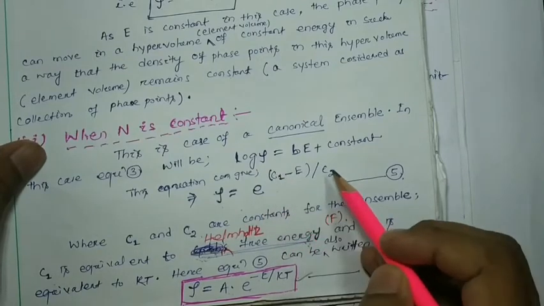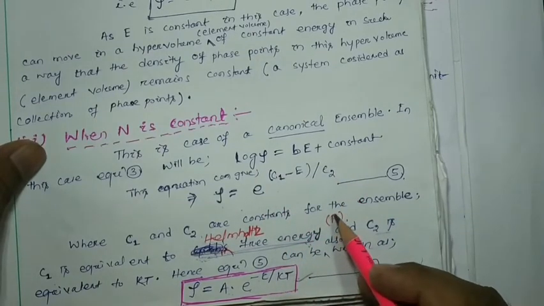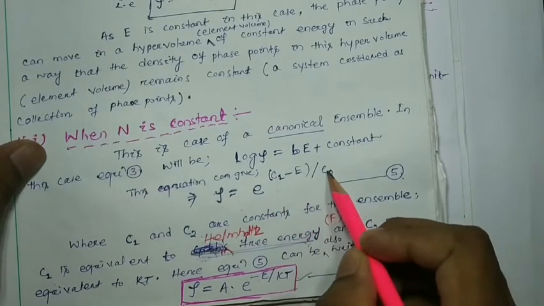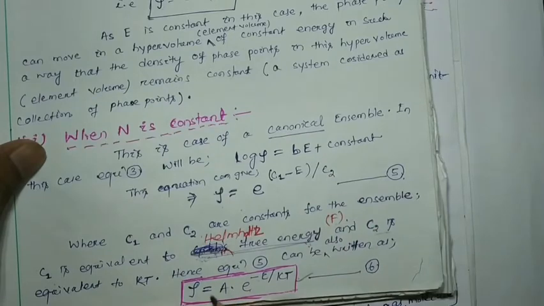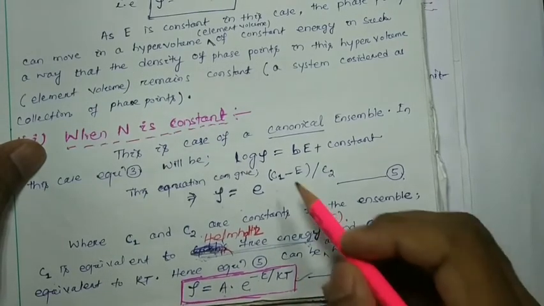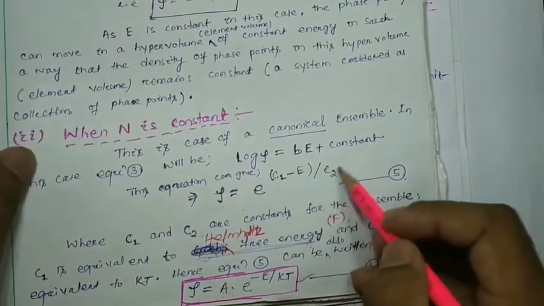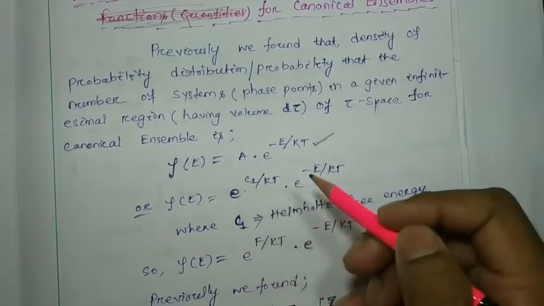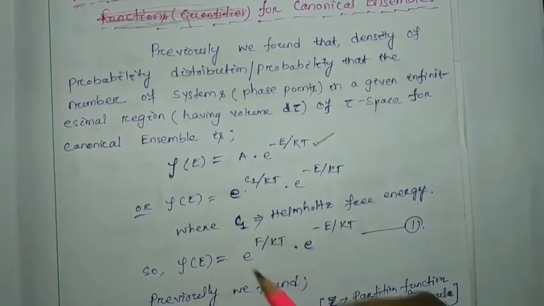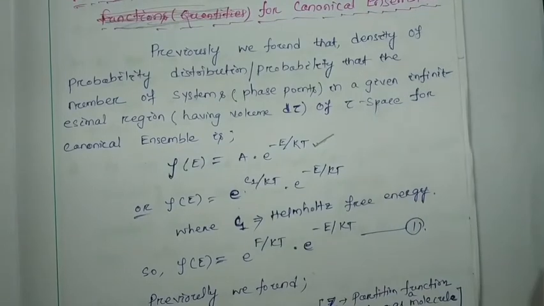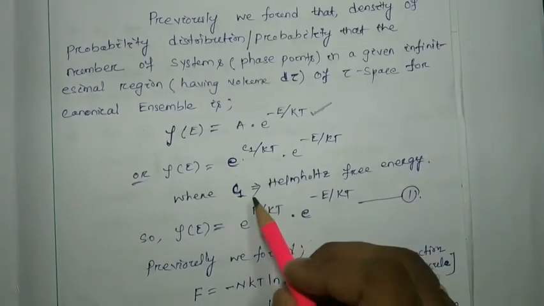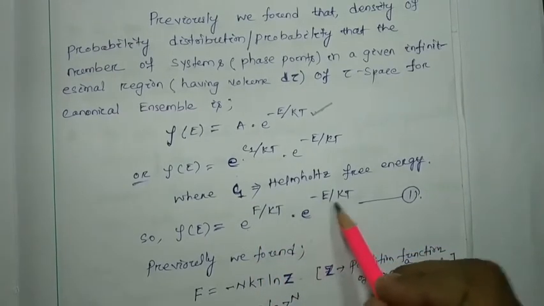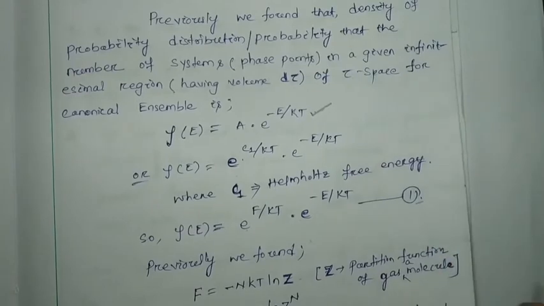Here e to the power c1 by c2 is what we substituted as a. So instead of a we can write e to the power c1 by c2, with c2 nothing but kt, right? So here a can be written as e to the power c1 by kt. I just wrote it in reverse. Okay, c1 is nothing but your Helmholtz free energy, that means F. So rho can be written as e to the power f by kt into e to the power minus e by kt. Let this be your equation number 1.